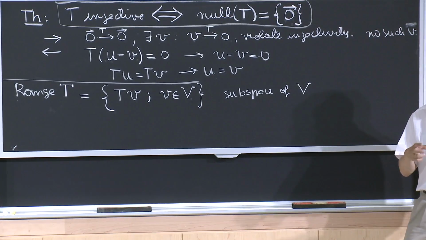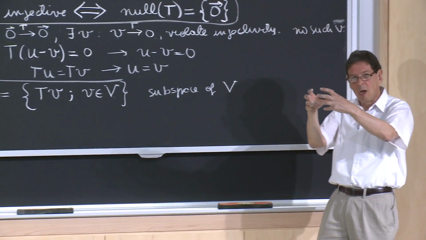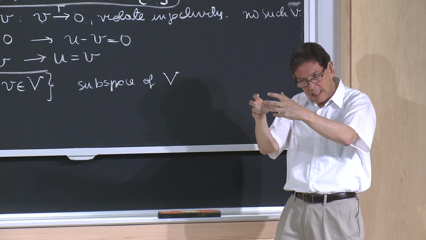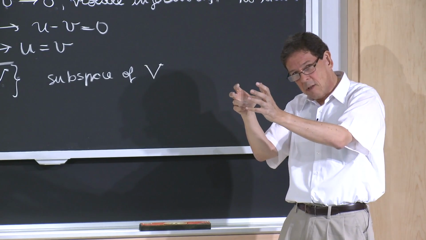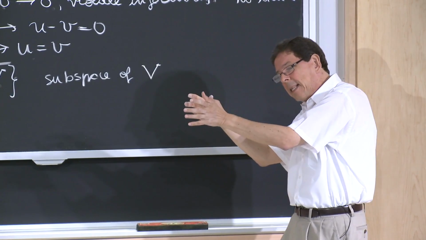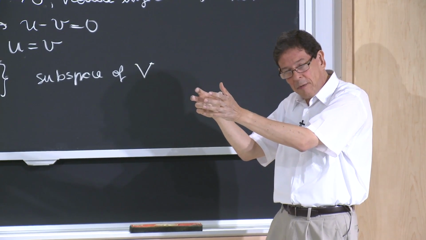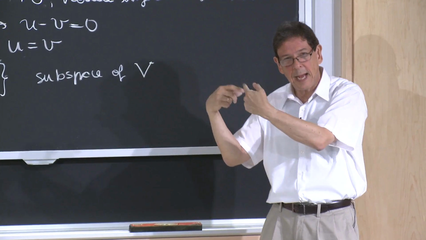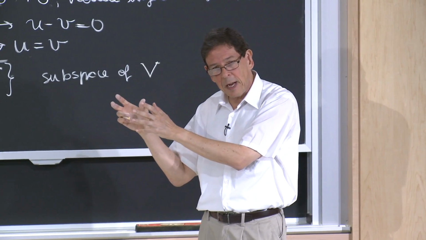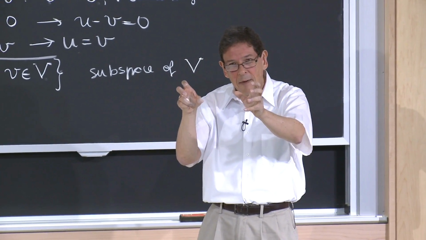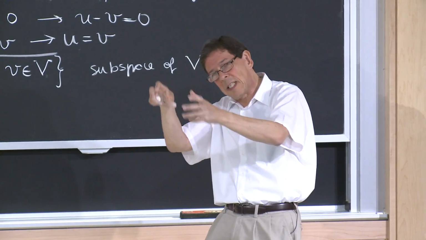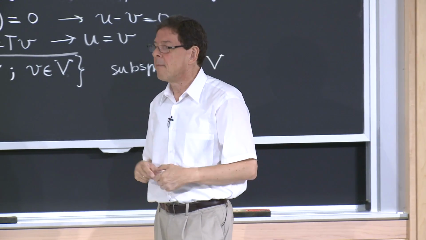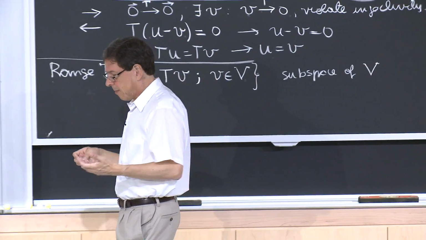If you have a vector that is in the range of the operator, it means that it has been obtained by acting with T on some vector. If you add another vector that is also in the range, it has also been obtained by acting with T on the other vector. Therefore, by linearity, the sum is obtained by acting with T on the sum of the two vectors that were there before.